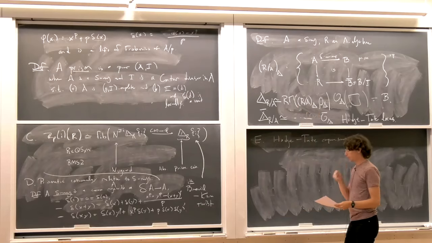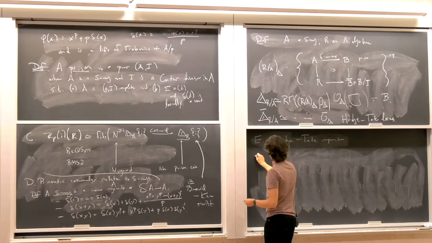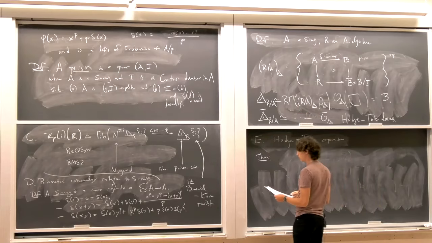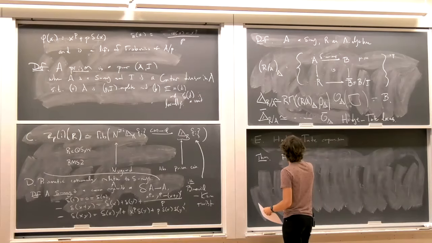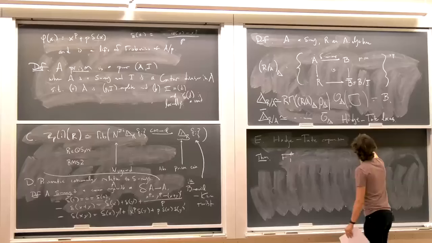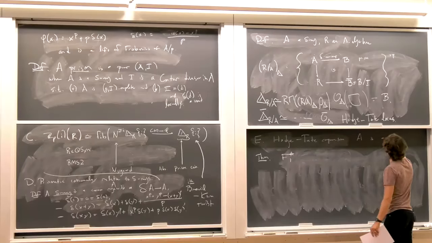Okay. But let me just try to tell you as little as possible in order to believe that there's some algebraic approach here, which is this Hodge-Tate cohomology. So here A will be a prism.